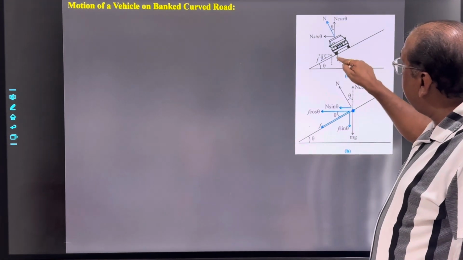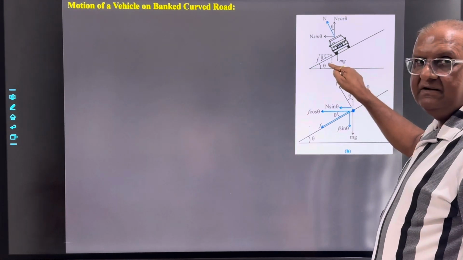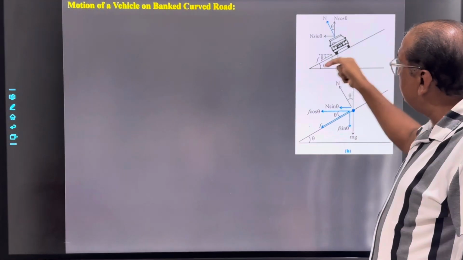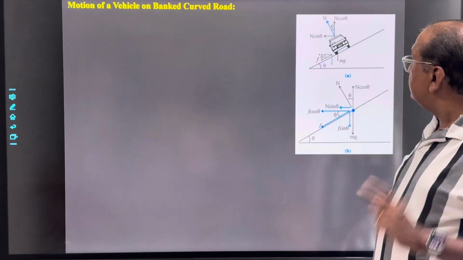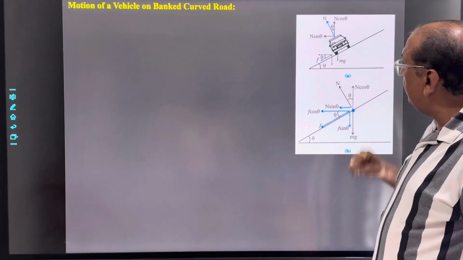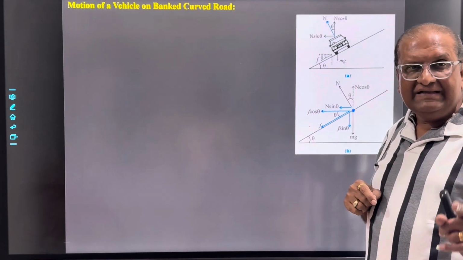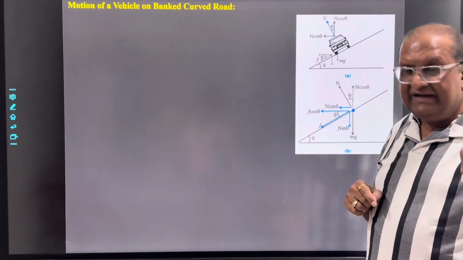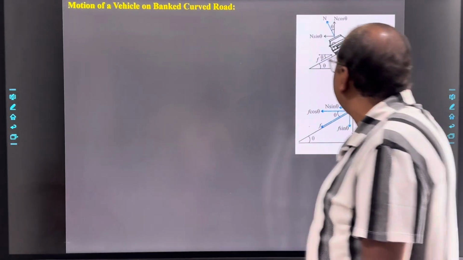Then the friction between tire and road, parallel to the surface, right? And that is towards the center, which will provide the required centripetal force. Here also, if we take the components, because the road is inclined at an angle theta, if this angle is theta, this will also be theta.